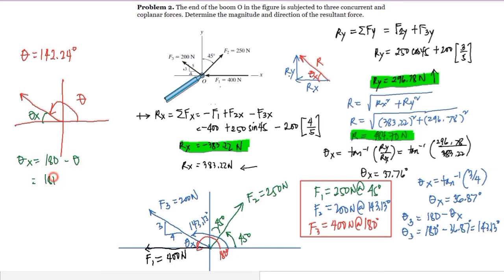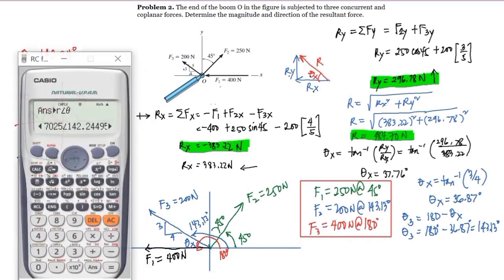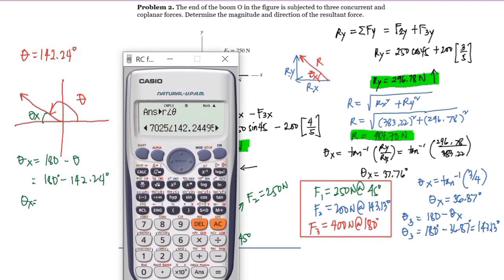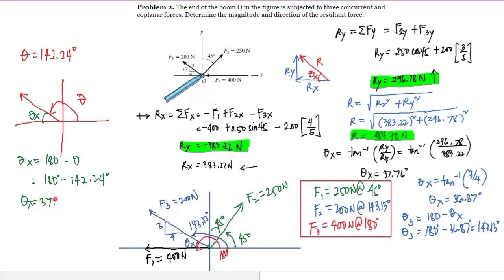So, we have here 180 minus yung theta natin, 142.24 degrees. So, we have here theta x is equal to 180 minus 142.24. And we have 37.76 degrees. And as you can see here, we have the same answer dun sa solution natin.